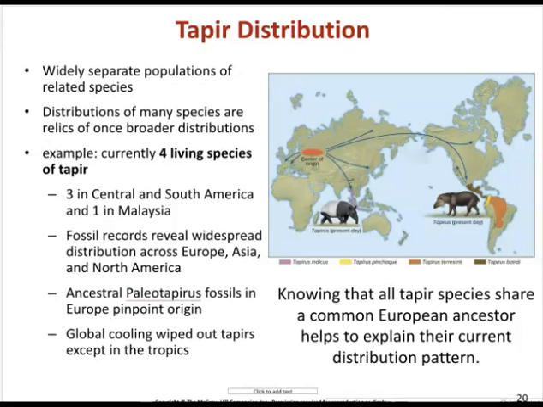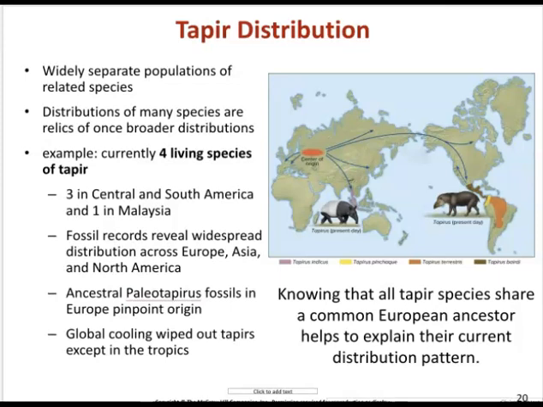So one thing we can look at when we're trying to think about how these species diverge is the tapir. Widely separate populations of these species exist. And the distribution used to be incredibly vast, but as the world changed, the organisms changed as well.